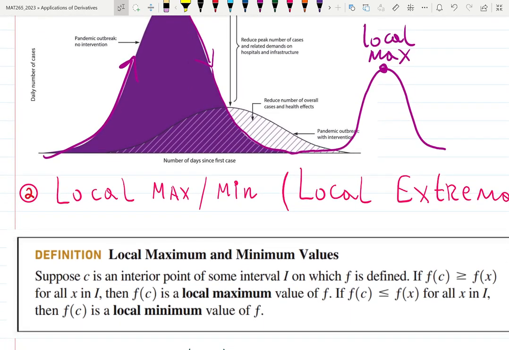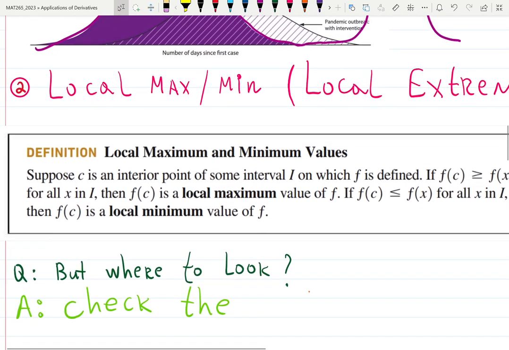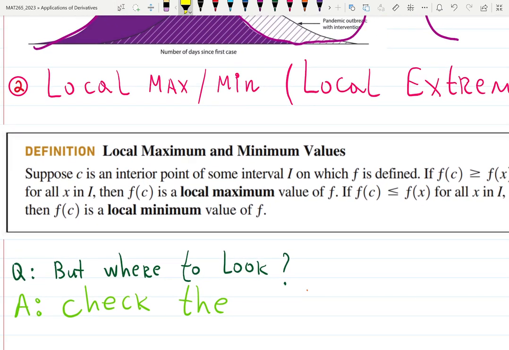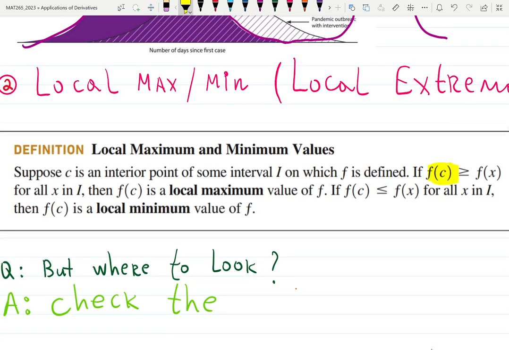Here you go. Let me know if you don't see. Let me zoom in. That's going to be, I think, the last definition. Local max and min. If c is the same thing as before on the interval, and f(c) is still the biggest out of all f(x), but x is now local, in the interval I. Locally, f(c) is bigger than or equal to f(x).